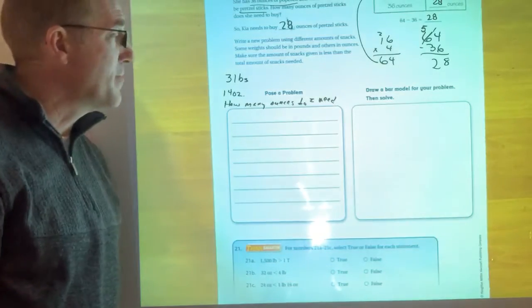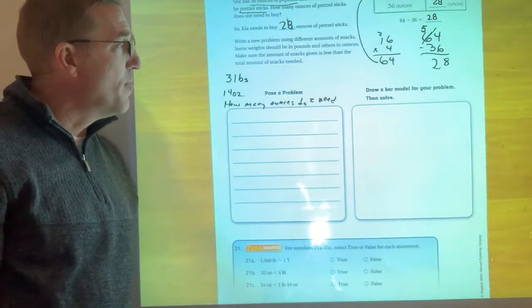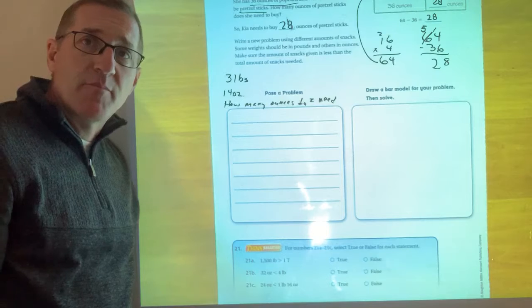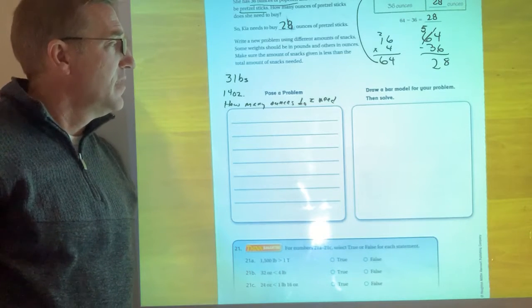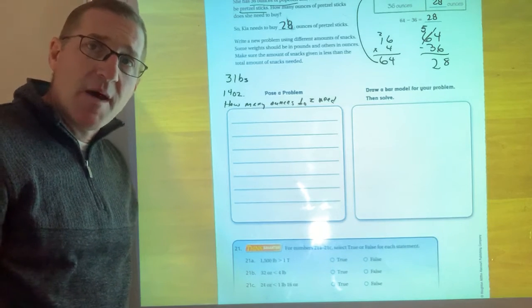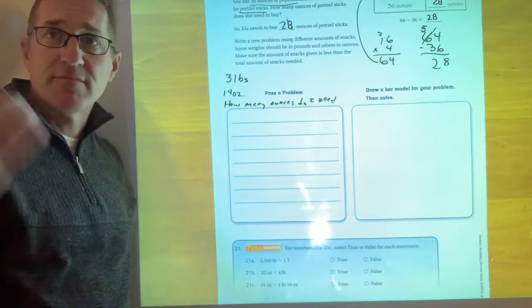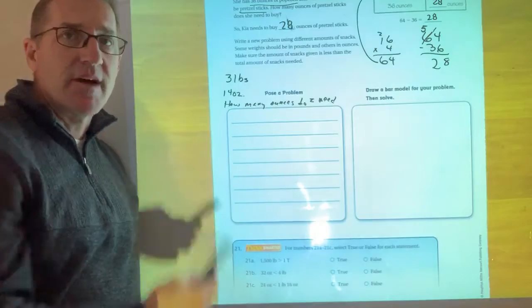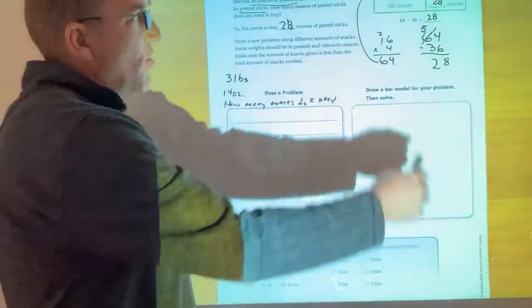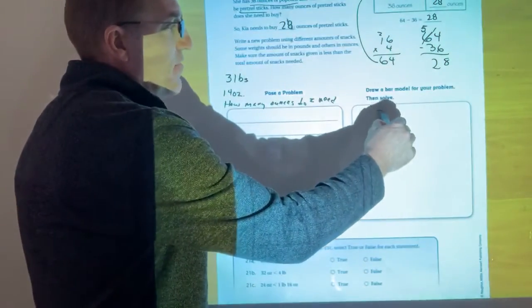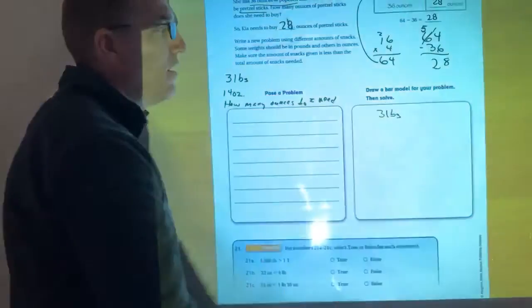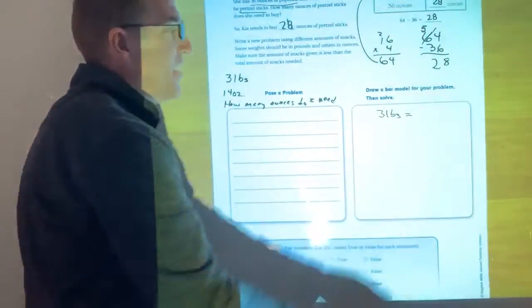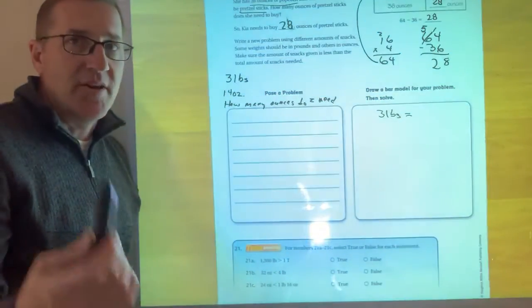So a problem might be something like: Billy Joe Bob wants 3 pounds of brownies and cakes. He has 14 ounces already. How many more ounces does he need? Boom, done. I'm not going to write it in, you write it in. Then over here, I would take my 3 pounds equals, now how many ounces is that? You might know this off the top of your head.